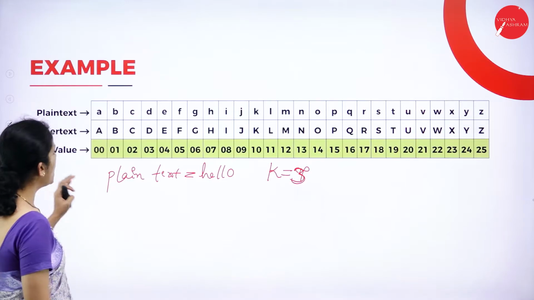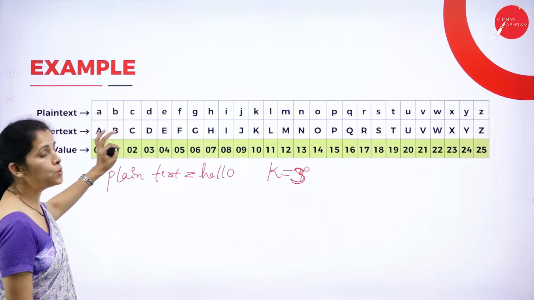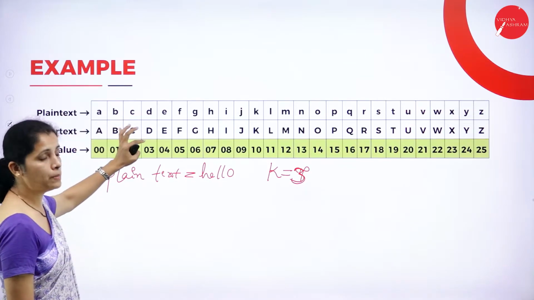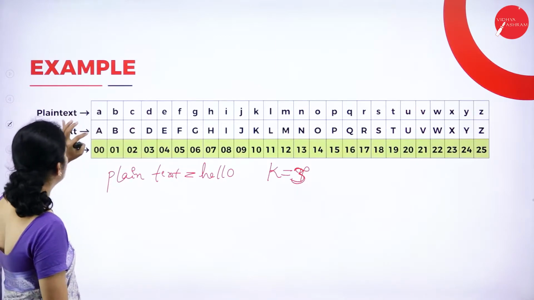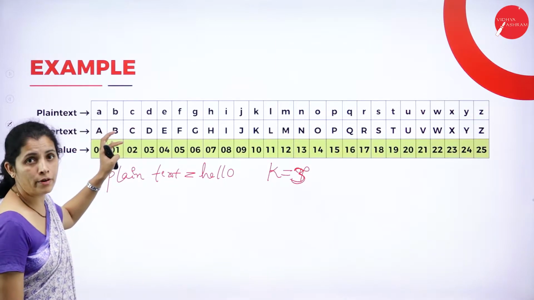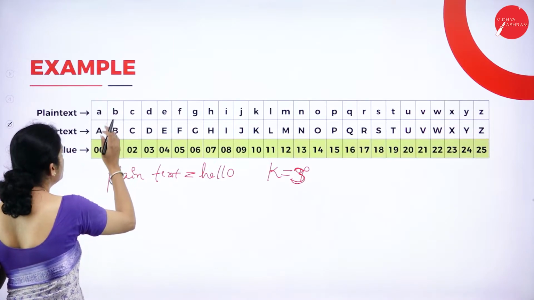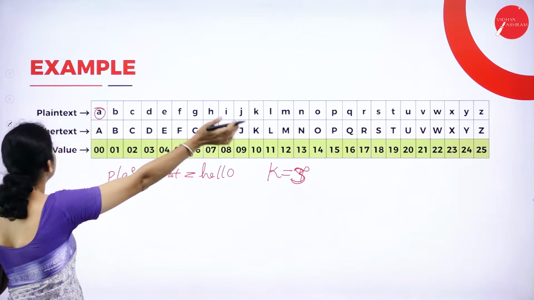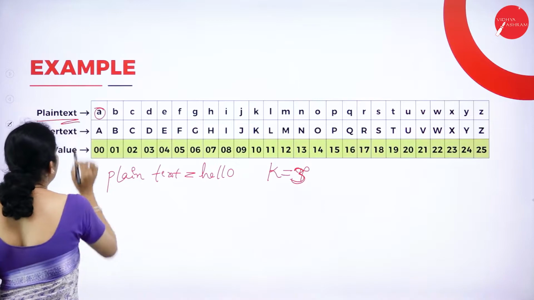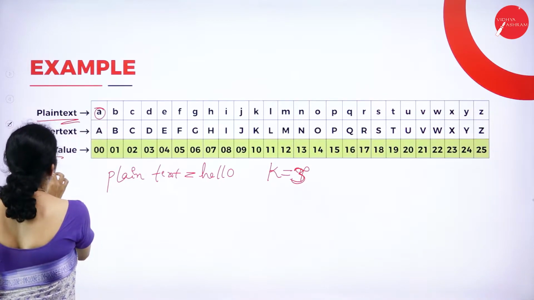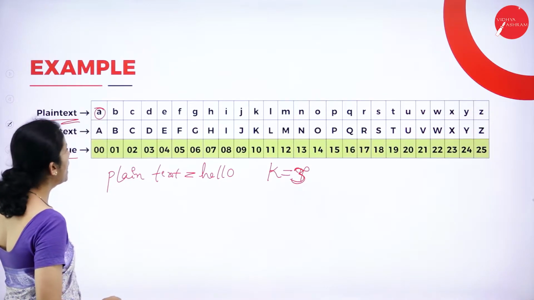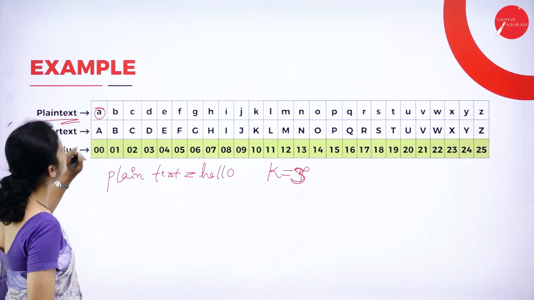Okay, fine. Now, first I want to draw the table. So I'm going to draw the table for the alphabet, starting from A to Z. So this is my plain text and I'm going to have the value for each letter.